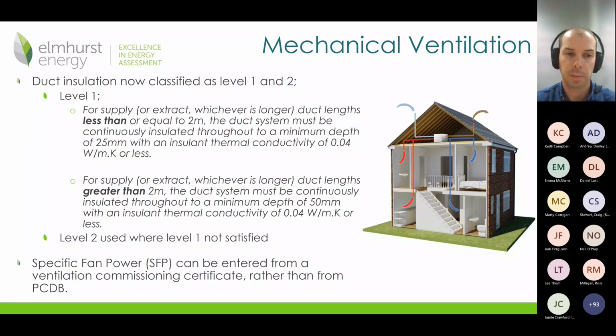So SAP now has the ability to put the actual measured specific fan power into the assessment, rather than relying on what the BRE have classified it as, because when a ventilation system is installed, it can perform quite differently to how it was tested in the lab. SAP assessors have the option, if they're given a commissioning certificate, to put that data in to make their calculation more accurate.